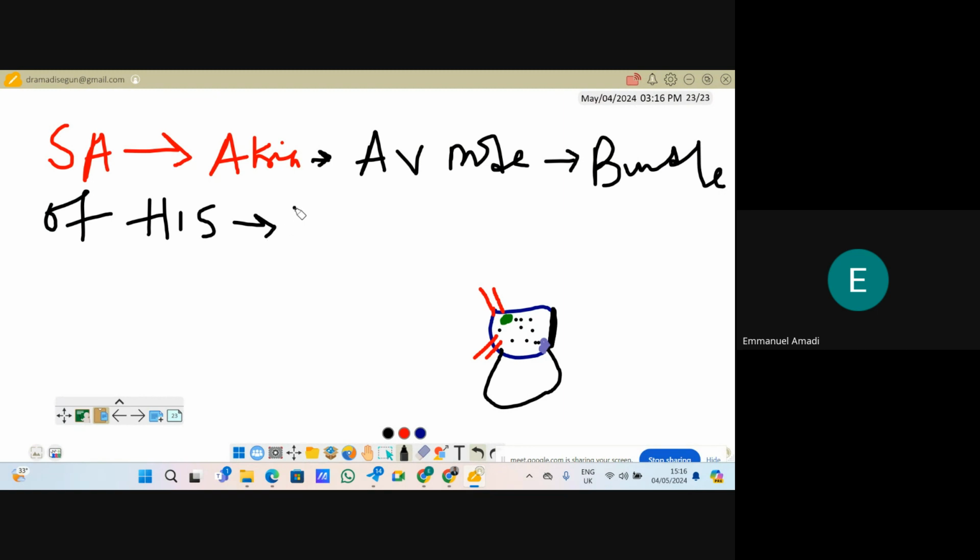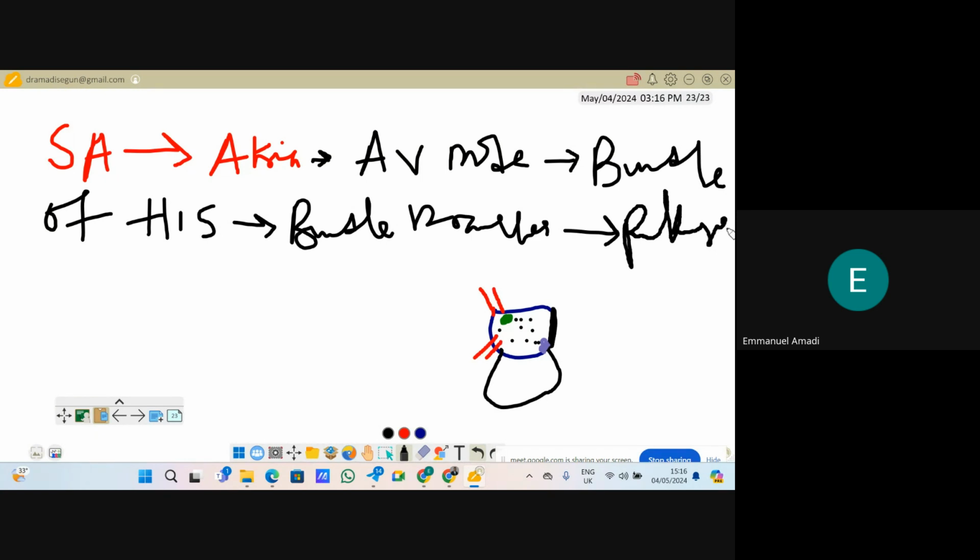So I'll call this the bundle branches. Now, from your bundle branches, it can go to your Purkinje fibers. From here, it can hit the ventricle, which is the last place it goes to.